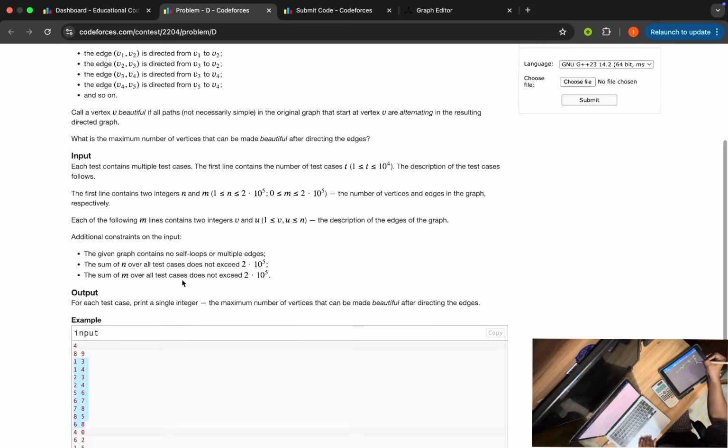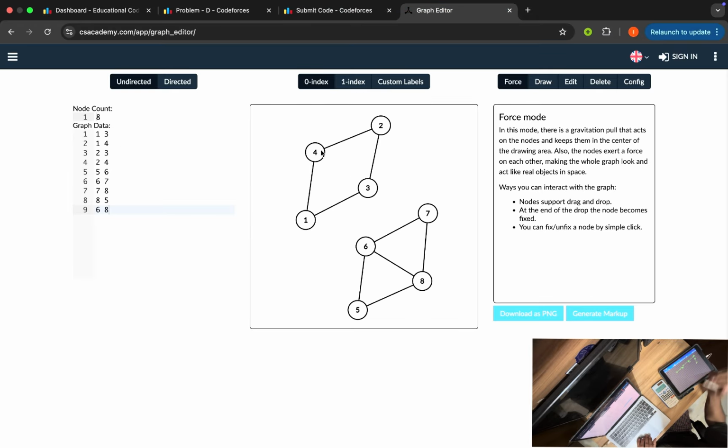Okay, got the point. So if I want, I can direct, it can be at max two sides, it's saying.